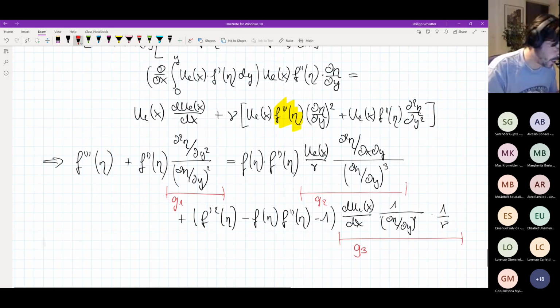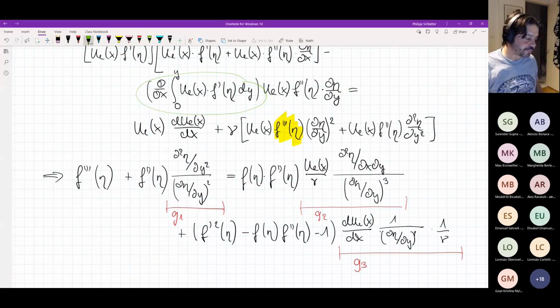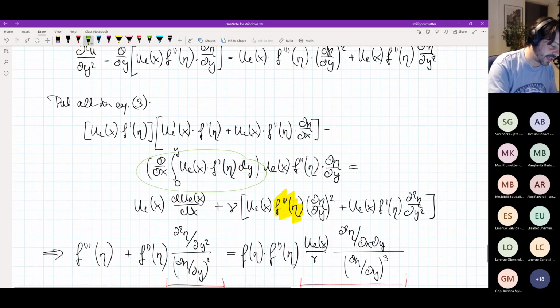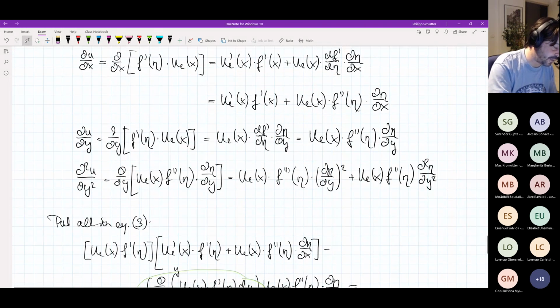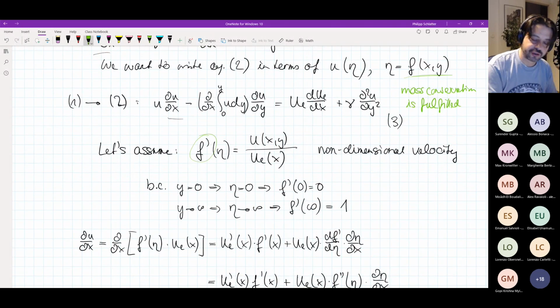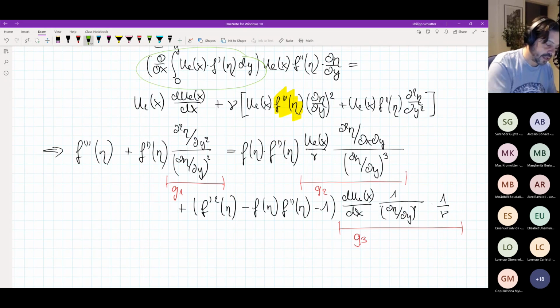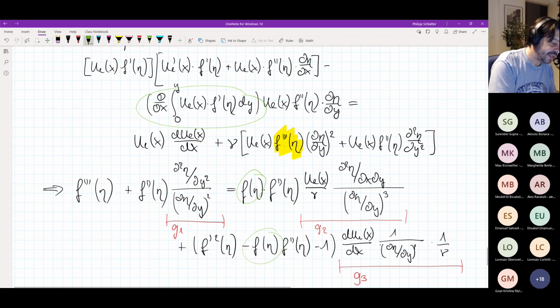And what I wanted to say before, of course, now realize, we talked about this term here, the integral, and of course now you start to realize why I was interested in having f prime here rather than f. Because this term is the one that actually transforms into these two f terms.